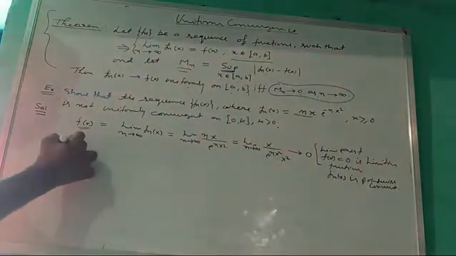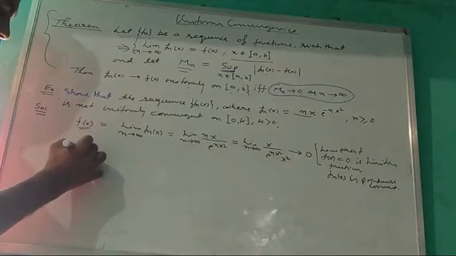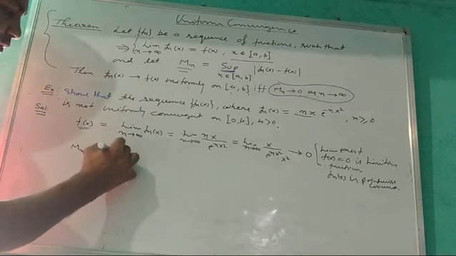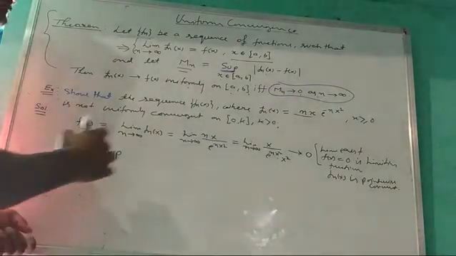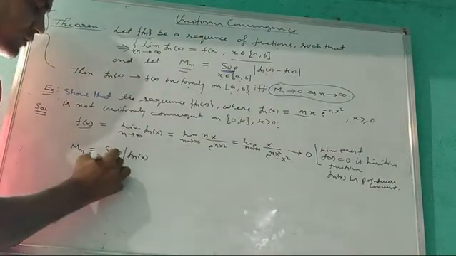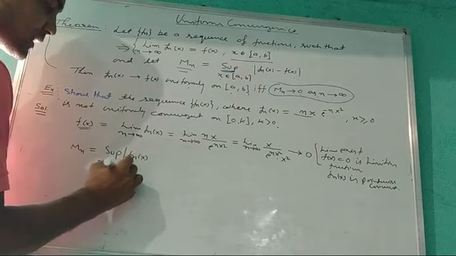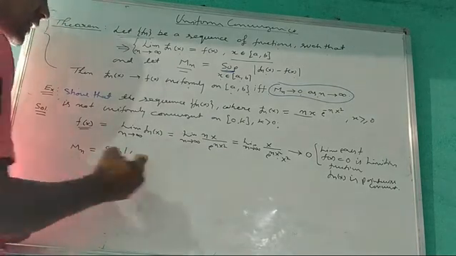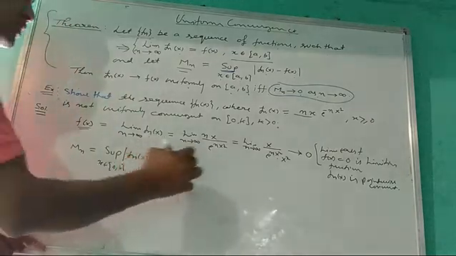Now for finding the uniform convergence of this sequence, Mn equals the supremum value of fn(x) minus f(x), where x belongs to the interval 0 to k, and k is greater than 0. And f(x) is equal to 0.